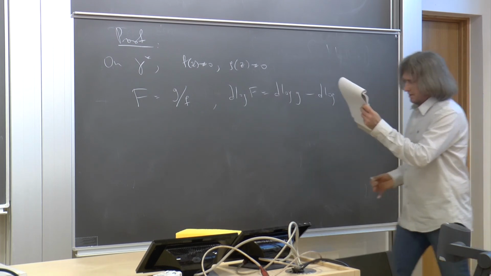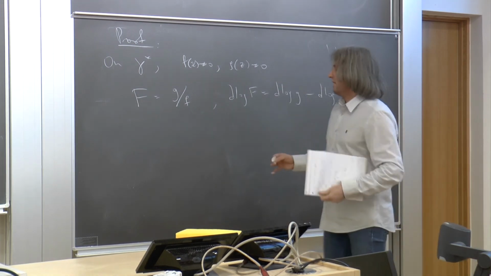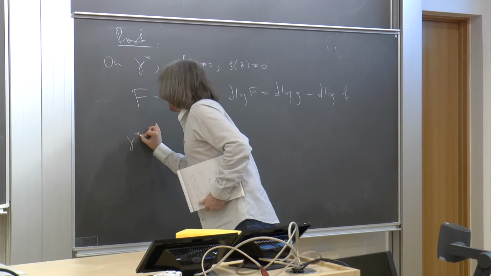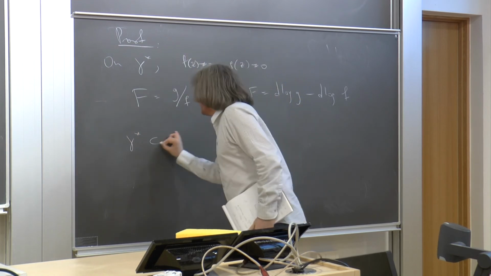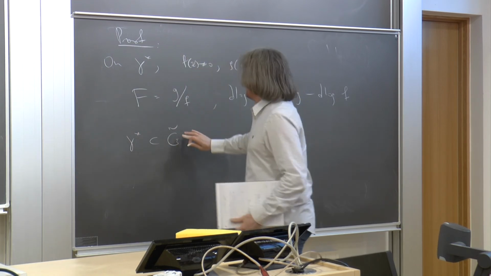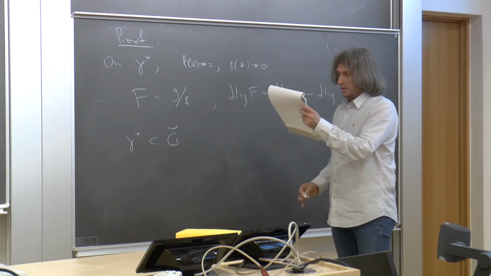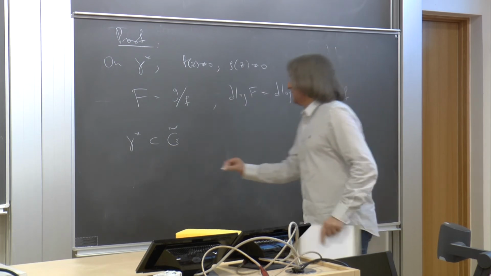So we have gamma star, the image of gamma. It's inside G tilde. So G tilde is this area where f of z is not zero.